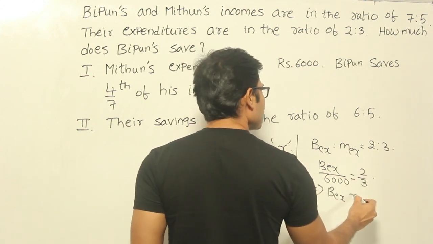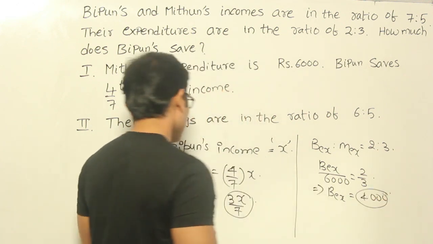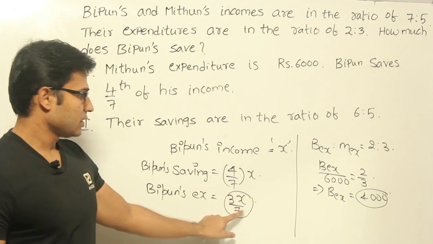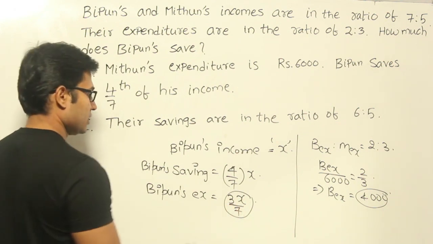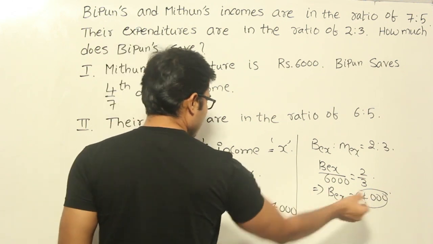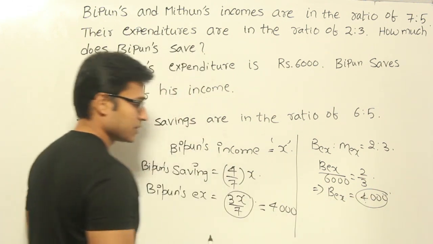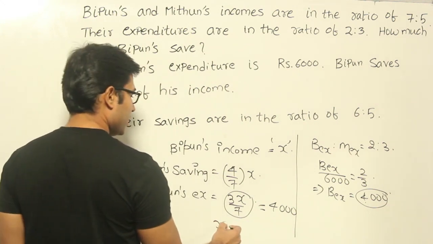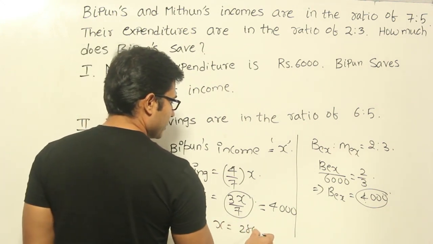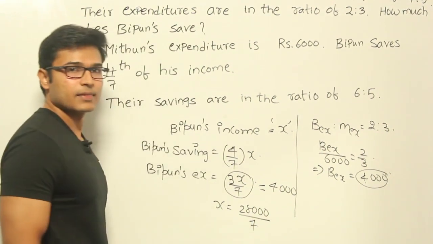Bipin's expenditure is equal to 4,000 rupees, right? Now that expenditure is nothing but 3x/7, isn't it? So I am equating this directly as 4,000 because both are the same. Here also we got Bipin's expenditure and here also we got Bipin's expenditure, and so we are going to get X as 28,000 divided by 3.